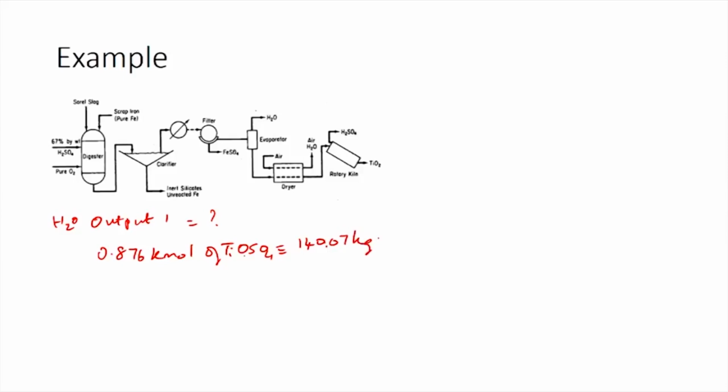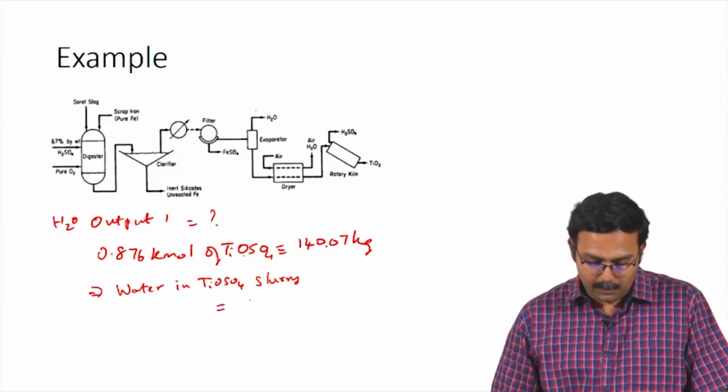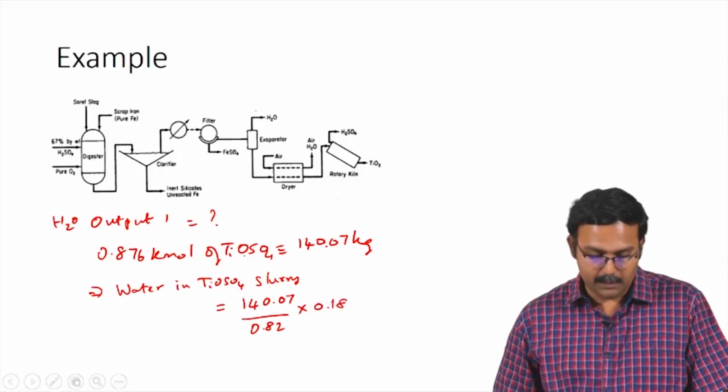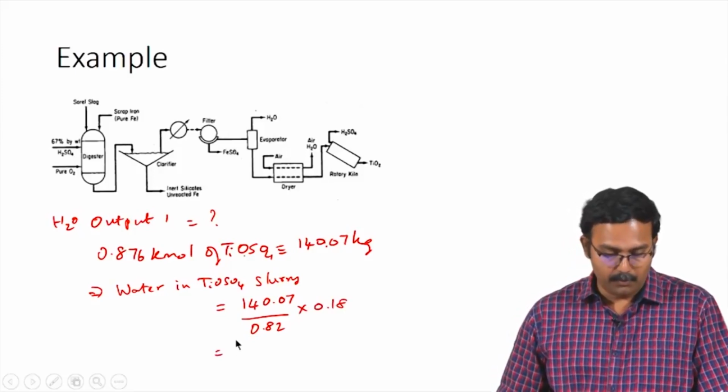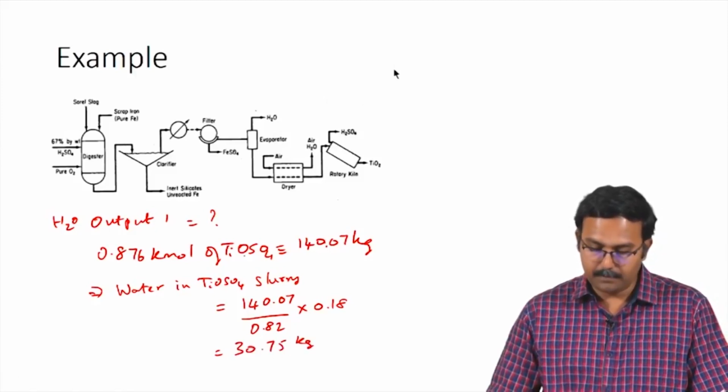So, this 140.07 kilograms constitutes the 82% solution or the slurry which is leaving the evaporator. So, water in the TiOSO4 slurry will be equal to 140.07 divided by 0.82 times 0.18, giving you a value of 30.75 kilograms.